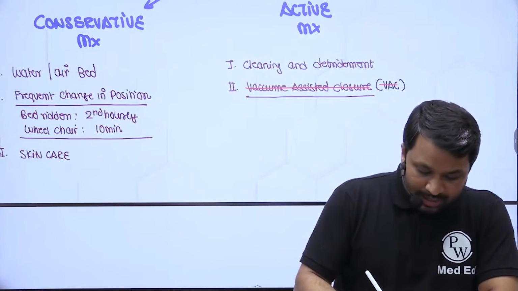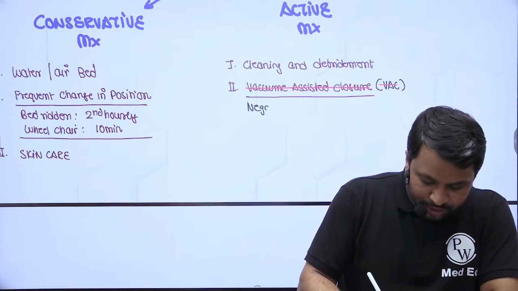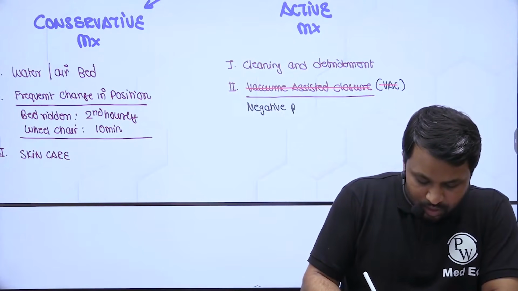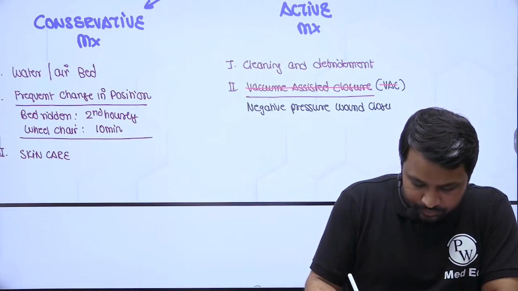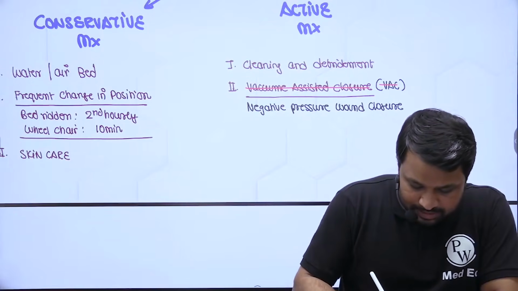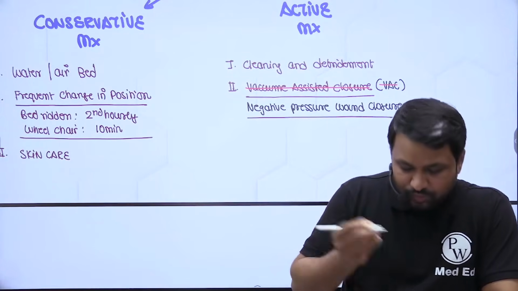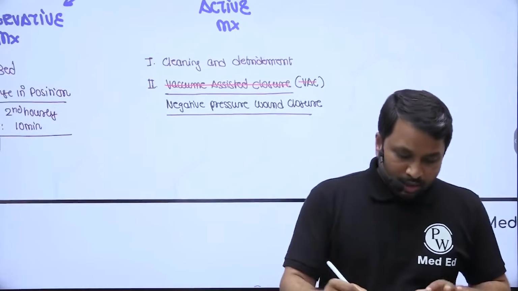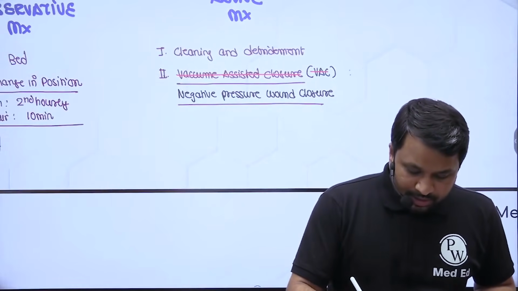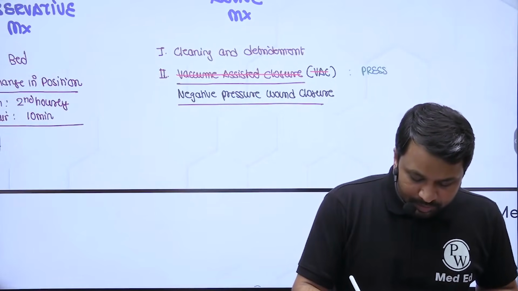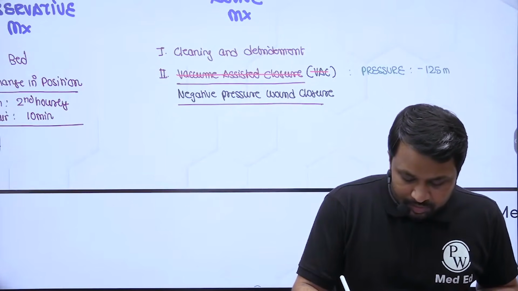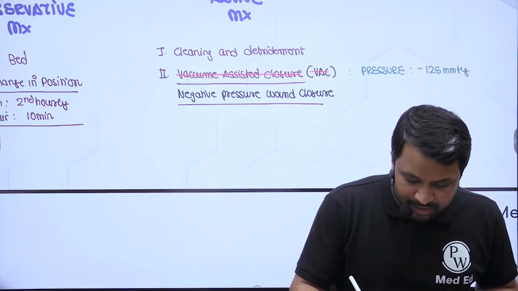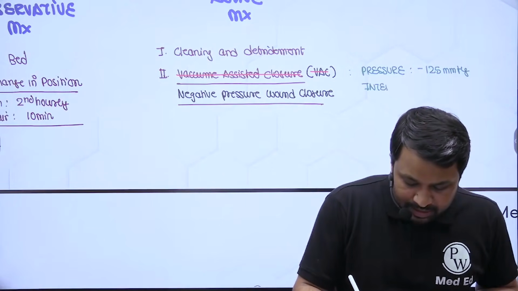So it is now called as the negative pressure wound closure system. If you want to impress your examiners, you can write the pressure that is kept in your VAC is going to be minus 125 millimeters of mercury. It is set at an intermittent pressure.